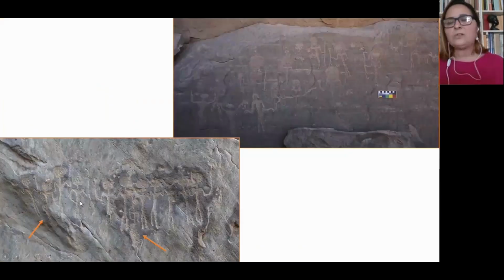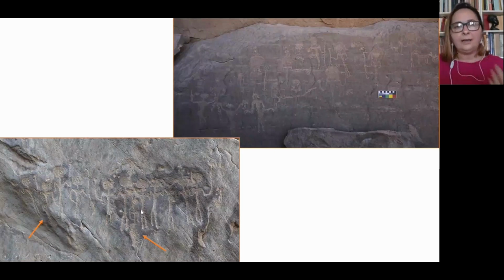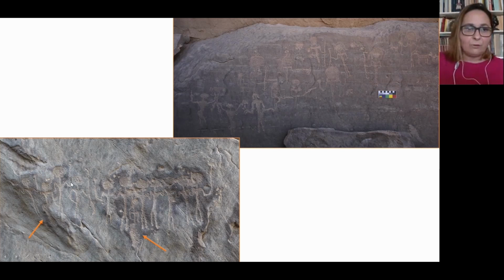There are also rows of human figures doing different kinds of activities, ritualistic activities of some kind. In this case, for instance, there is a row of male figures and 2 female figures in the front. So quite unique again.